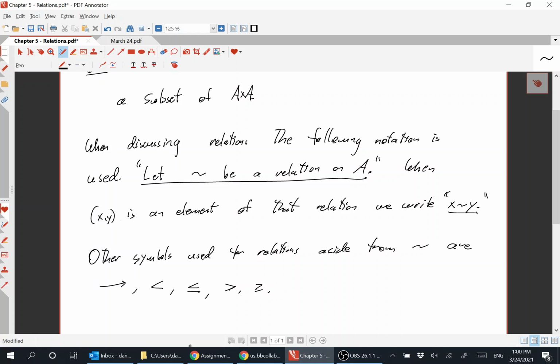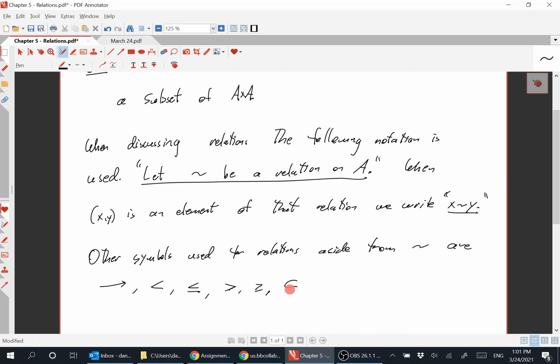Now, all of those symbols have meanings attached to them that you have encountered at some point. But when you write this to stand for a relation, don't think that it means less than in the sense of real numbers, like 3 is less than 5, or 4.999 is less than 5. It may mean something entirely different that's sort of related to the notion of less than.